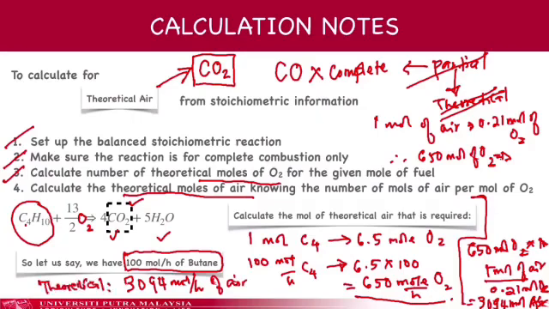Theoretical air will be 3094 mole per hour of air. Okay, remember how do we calculate the theoretical air? It's all based on the theoretical oxygen that is required based on your stoichiometric information for a complete combustion only. Okay, it's for a complete combustion only.